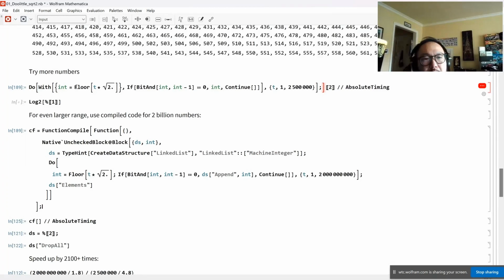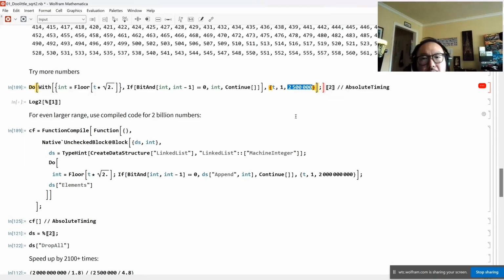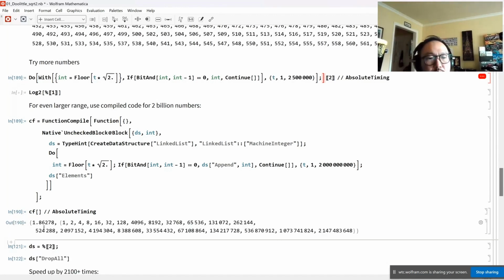So I did this one. This is about 2.5 million numbers, and it should take about 4.8 seconds to complete. But this one comes with 2 billion numbers, and it should end within about 2 seconds.